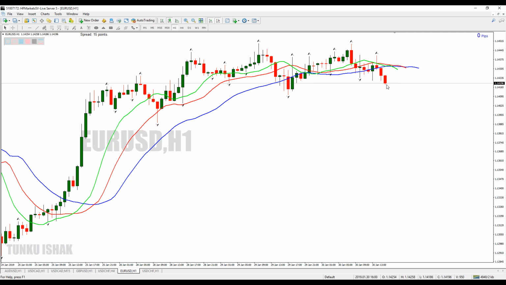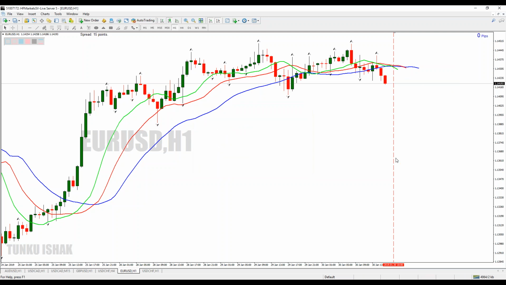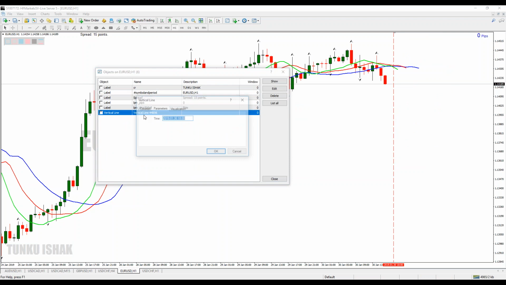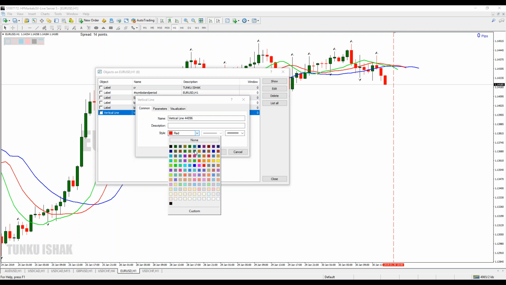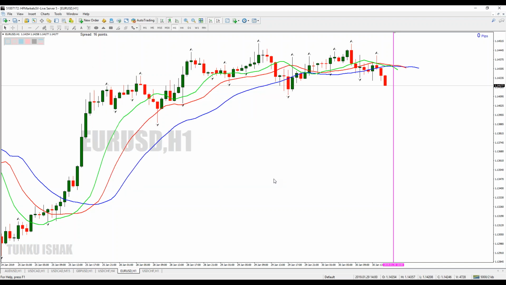By 11 o'clock the first signal is already coming up, the crossing. This is my first signal. You can see the lines crossing. And this is my second signal.